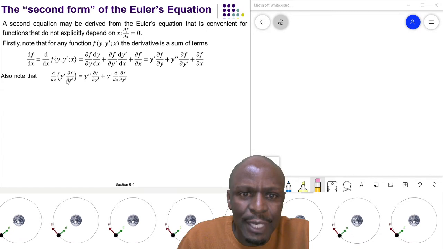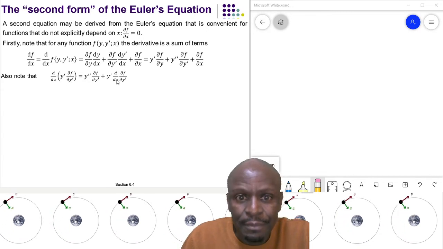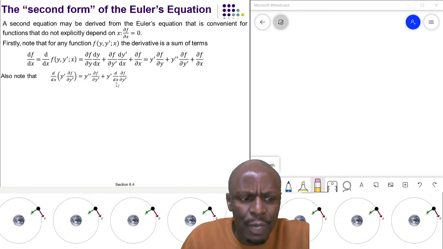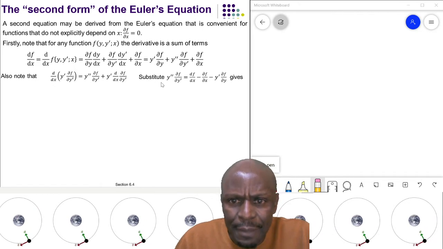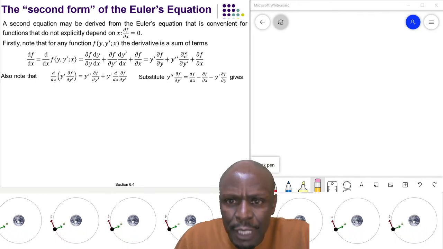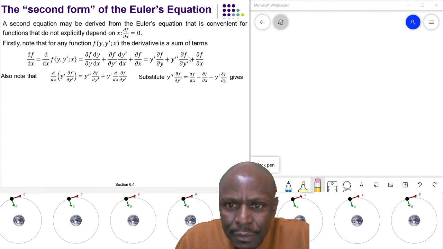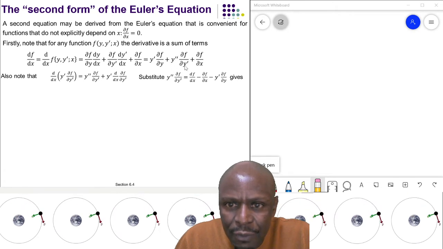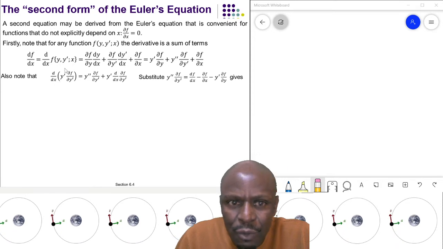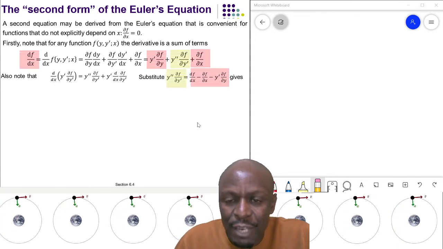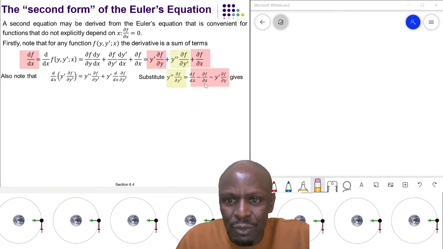Now, if you do that, this is what you are going to have. And now from there, you substitute, and you make this a subject of the formula. If you make this a subject of the formula, all these other terms go to the other side. So now when you do that, you are just going to have this.